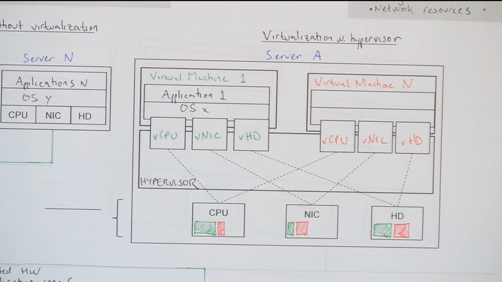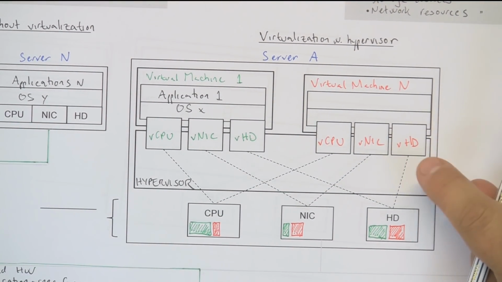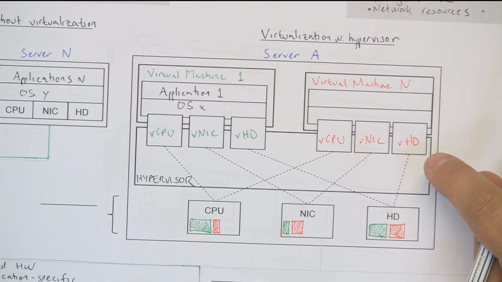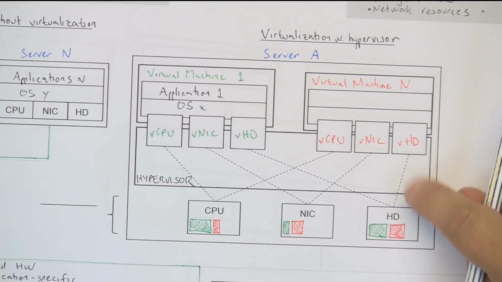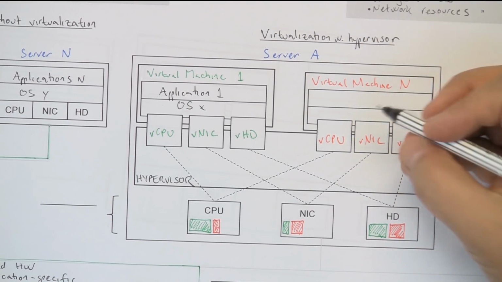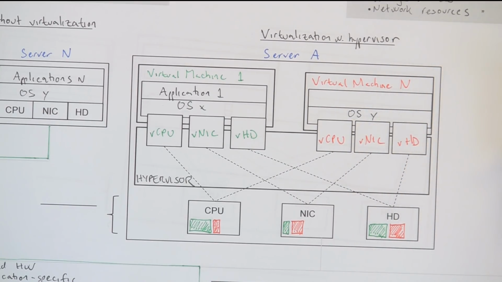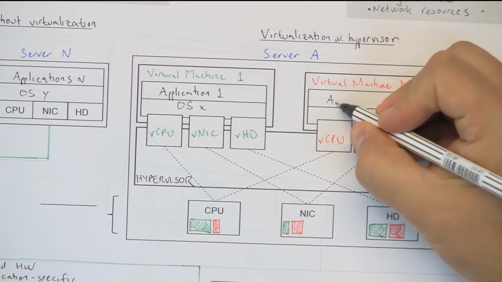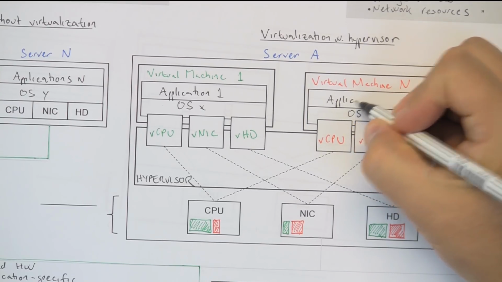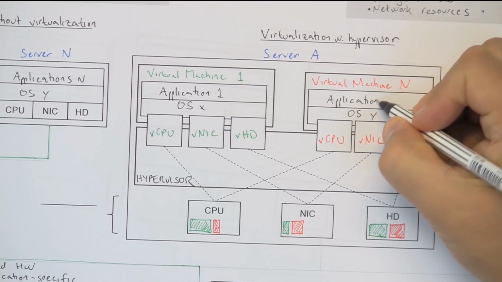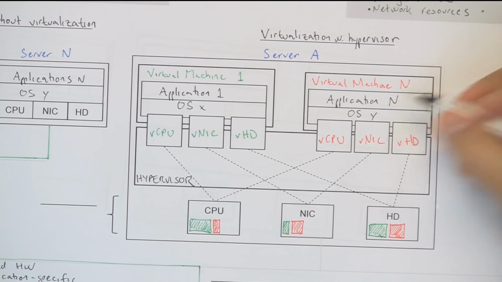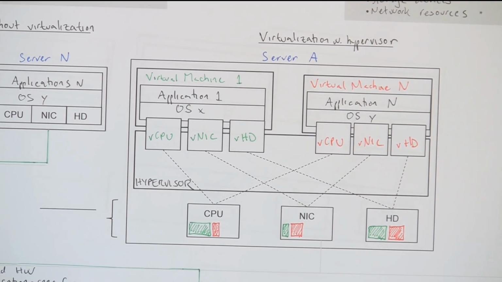And now we have created the physical prerequisites to boot up a machine. So now we boot it up with operating system Y and application N. This time just one application.